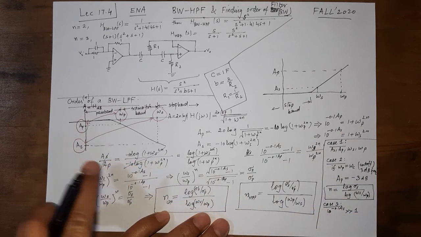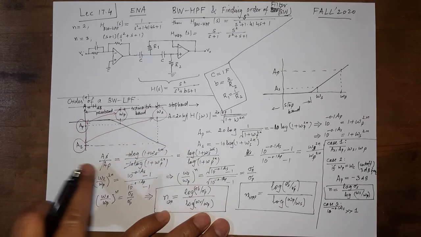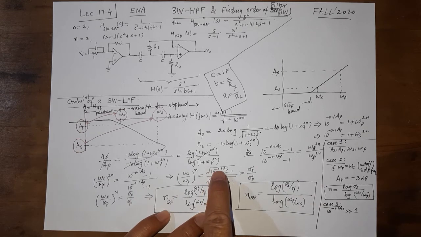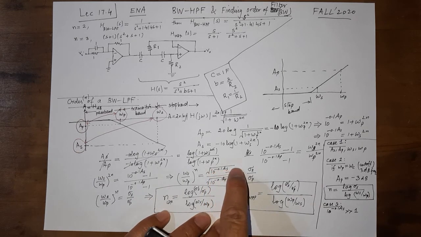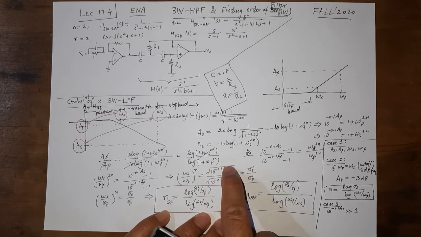So if As is a very small value on the negative side in dBs, then this term 10 raised to the power minus 0.1 As is a large value. So for example, say As is 80. So 80 into 0.1 is 8. 10 raised to the power 8 is a large number. 10 raised to the power 8 minus 1 is as good as 10 raised to the power 8. So the square root of 10 raised to the power 8 is 10 raised to the power 4.